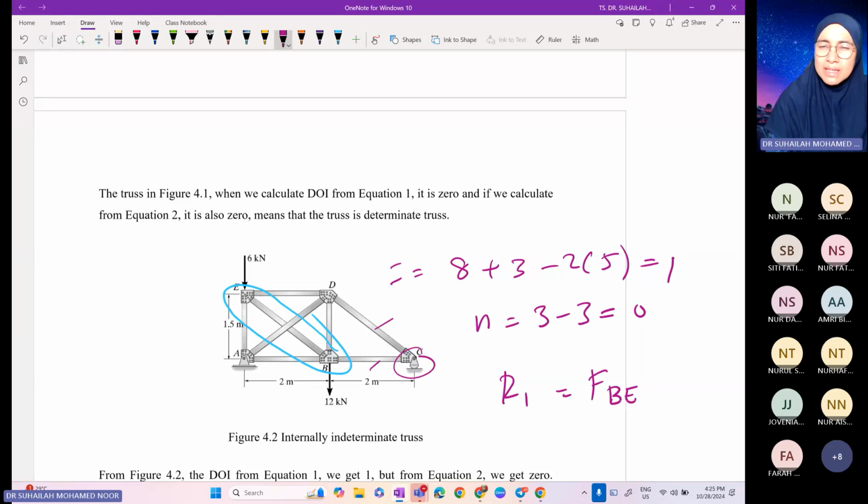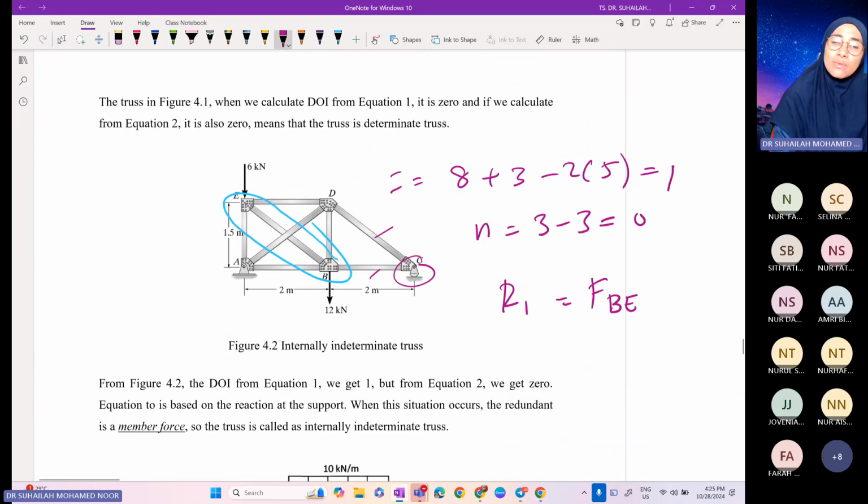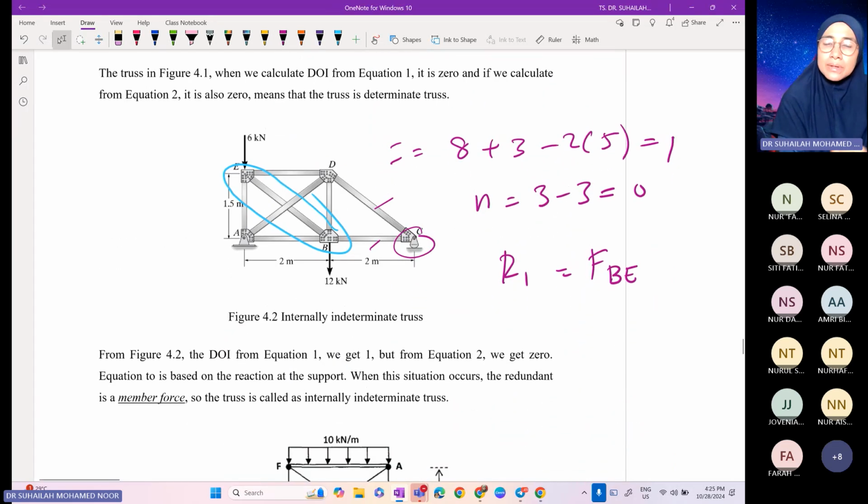Previously, we called it externally indeterminate. The previous one is DOI. When DOI comes from reaction, the redundant comes from reaction, it is called externally indeterminate. When the redundant comes from member force, it is called internally indeterminate. And in other cases, we can also have a combination.